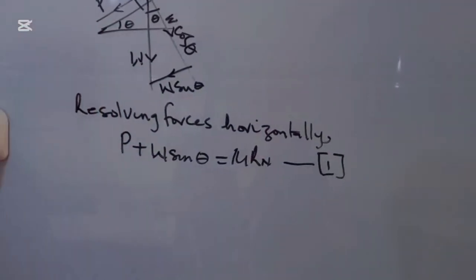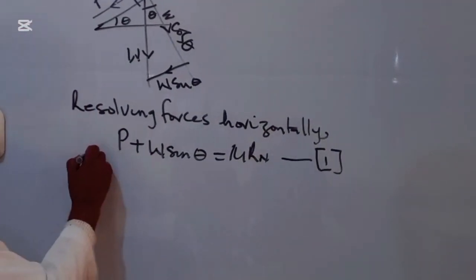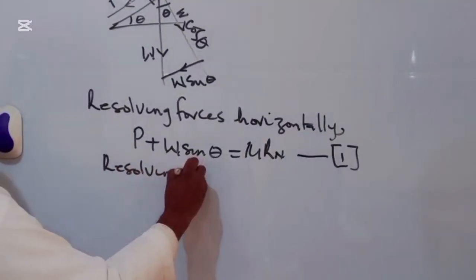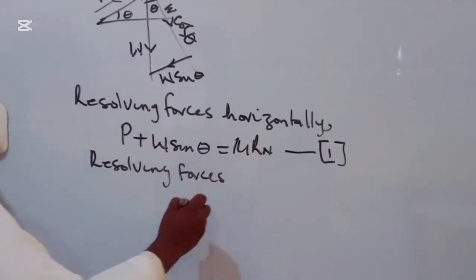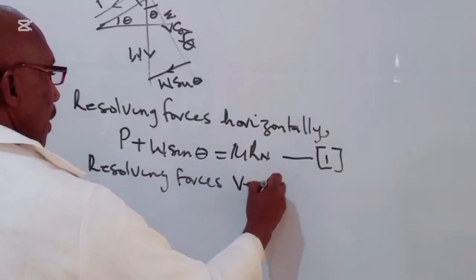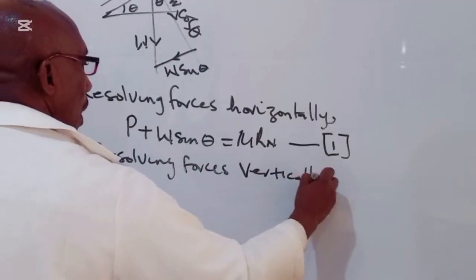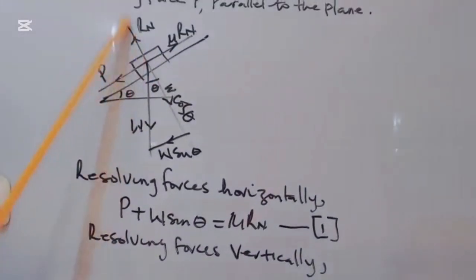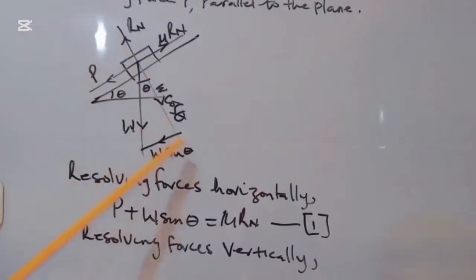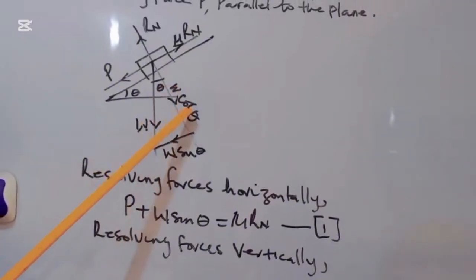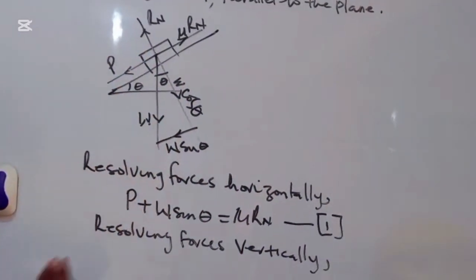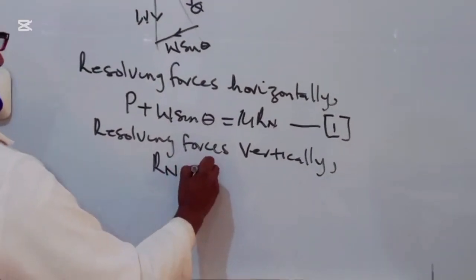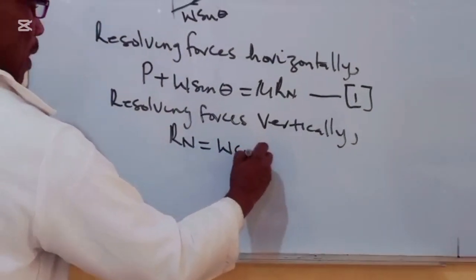Are we there? Alright? Now, resolving the system of forces vertically. Now, the vertical forces are the normal reaction acting upwards and the component W cos theta acting downwards. So I can now balance these two forces as Rn equals what? W cos theta.